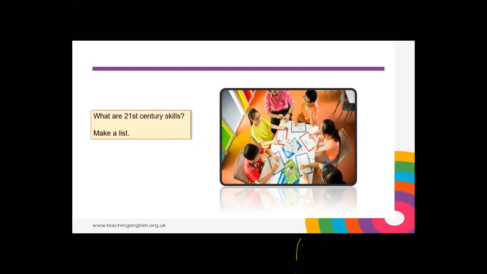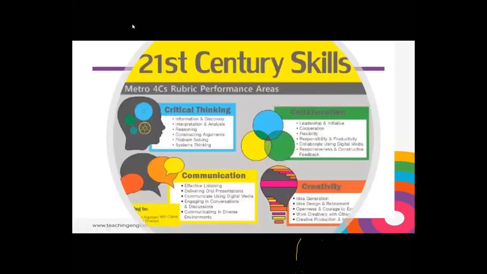Okay. These skills are, yes, not the internet, but we talk about skills. What are the skills? We call them the 4 C's. Communication with the world. Yes, that's right. Communication, very good. And we have critical thinking.